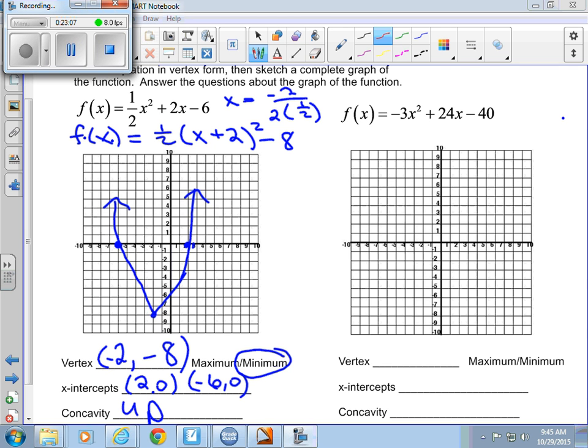Okay, so let's look at the next one. X equals negative b over 2a. Negative 24 divided by 6 is negative 4. Is that what y'all got for the x value? Negative 4. Oh, you're right. Good.